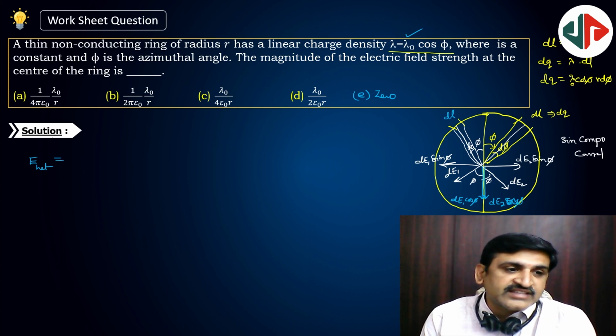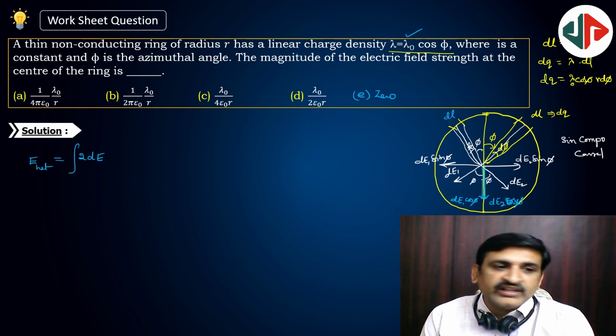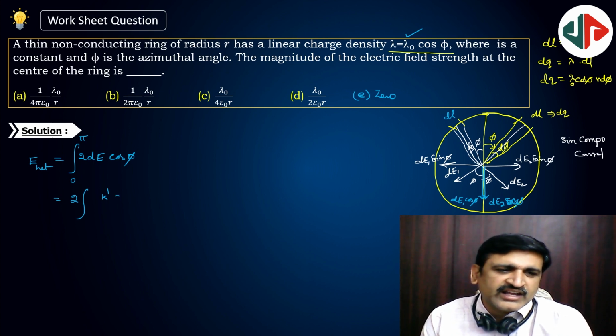So E net is equal to 2 dE cos phi, and 2 times the integration, with phi running from 0 to pi. What is dE? 1 by 4 pi epsilon naught, dq is lambda into dl. I'll write the first formula, k dash dq by r square into cos phi.